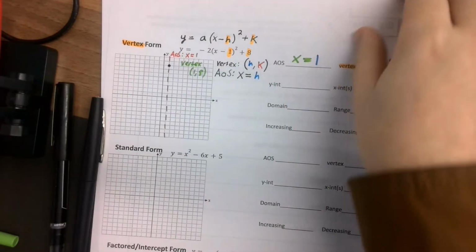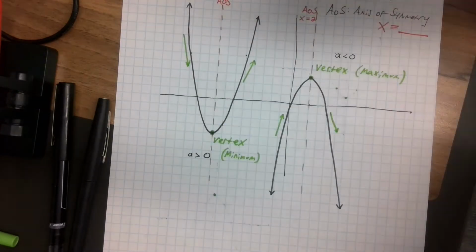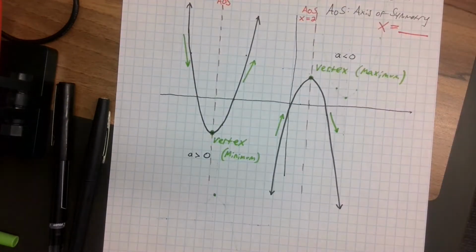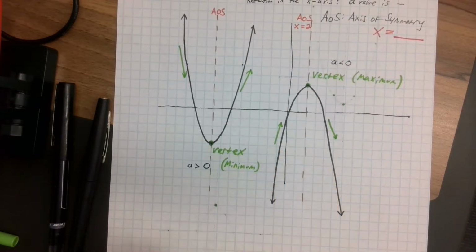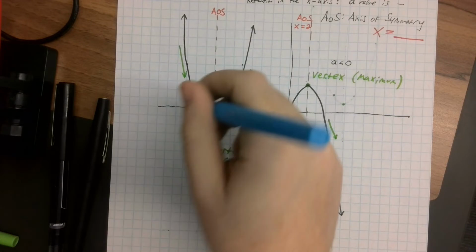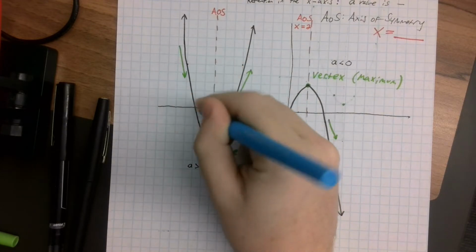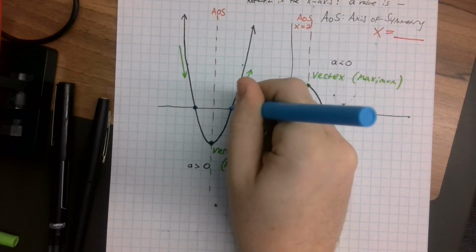All right. Next up, we want to identify something called the intercepts of our graph. The intercepts of a graph are where the graph crosses certain places. Let me give you an example. This graph right here on the left, we see that our graph crosses the x-axis here and here.